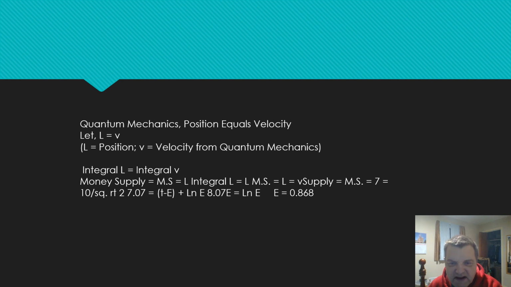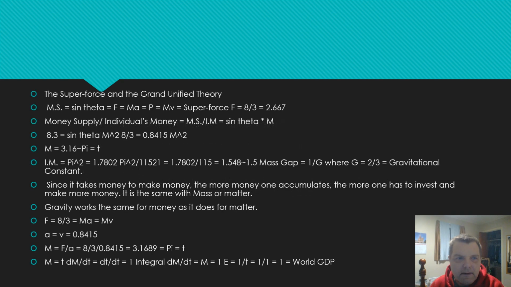And 0.868 is approximately equal to 1 over the sine of T, or sine of 60 degrees, 0.866, which is a well-known equation from astrotheology. So we have in astrotheology two important considerations.